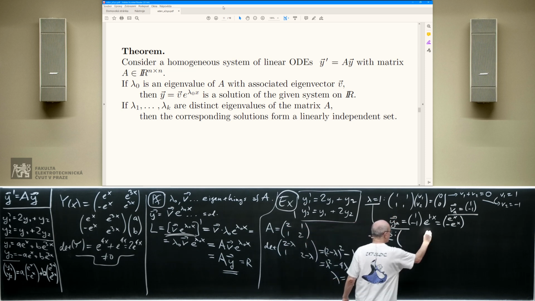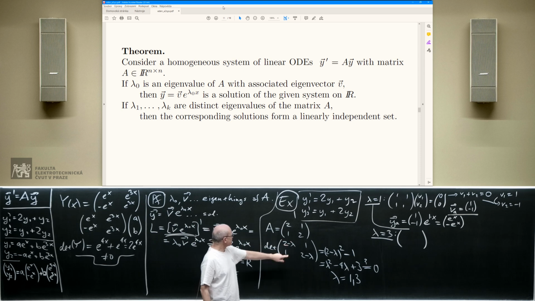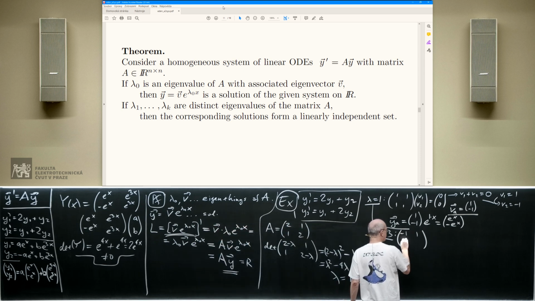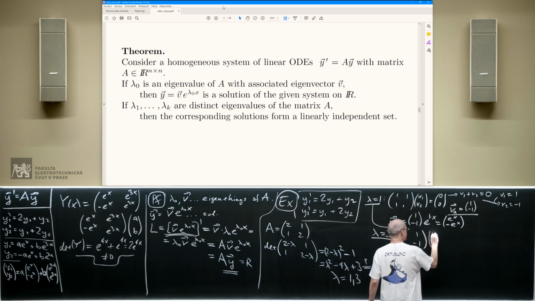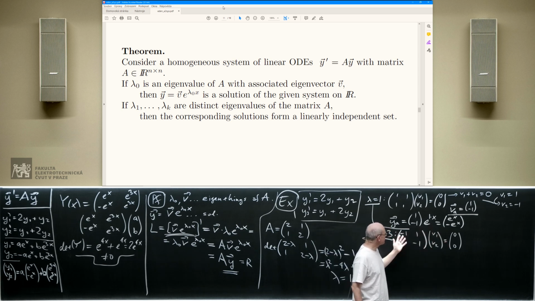Okay. The second solution. I take lambda equal to 3, I put it here in place of lambda, and I'm getting negative 1, 1, 1, negative 1. Is this matrix singular? Yes. The second row is the first row times negative 1. Yeah, it's singular. V1, V2 is supposed to be 0, 0. Actually, an experienced solver would not even bother writing the whole system.